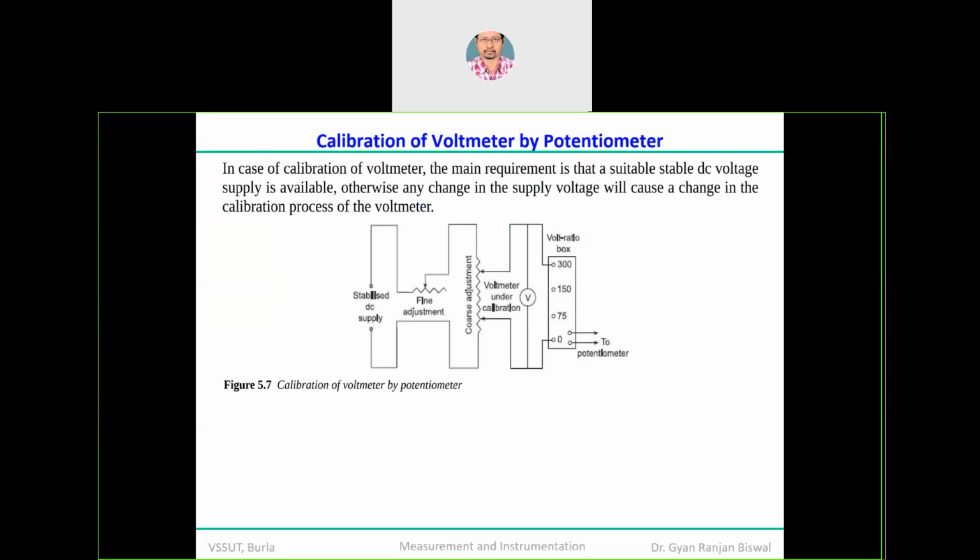You have to make sure of that with the help of a proper arrangement, as shown in the figure. Otherwise, a change in supply voltage will affect the performance of the measurement, and it will also affect the calibration process. So the biggest requirement is to provide a suitable arrangement so that you can ensure a stable supply of DC voltage.